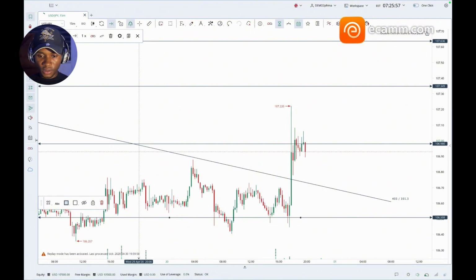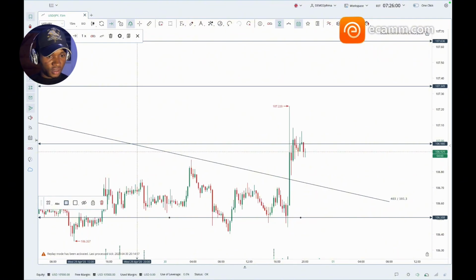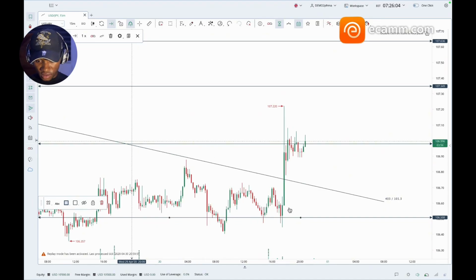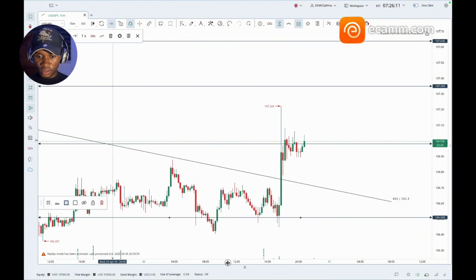Let's look for another double bottom. This one has already passed. Okay, I think we'll enter this double bottom.